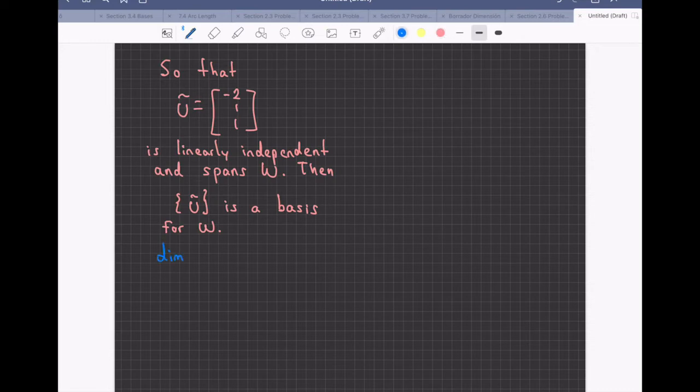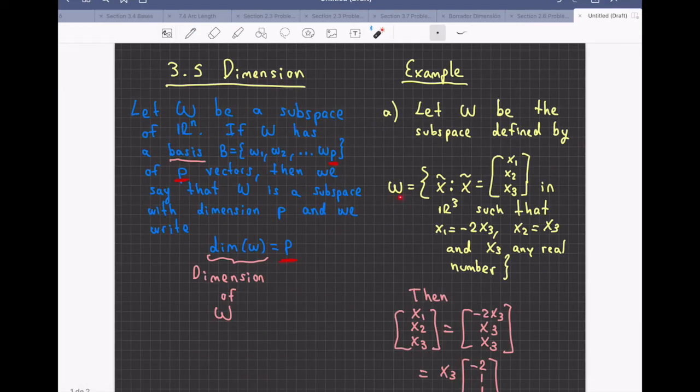So the dimension for W in this example is equal to 1, because we have only one element for this subspace.